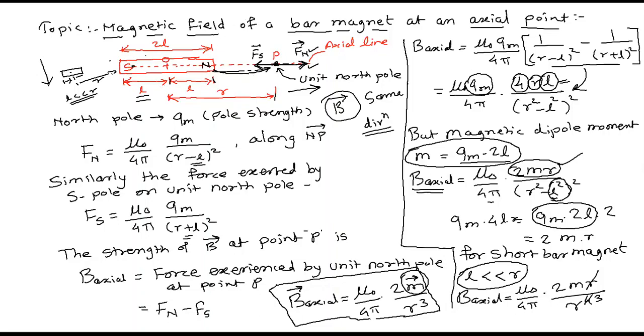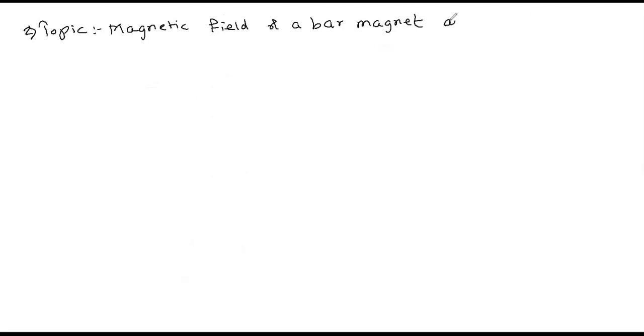So next, the second topic: magnetic field of a bar magnet at an equatorial line, the equatorial point.